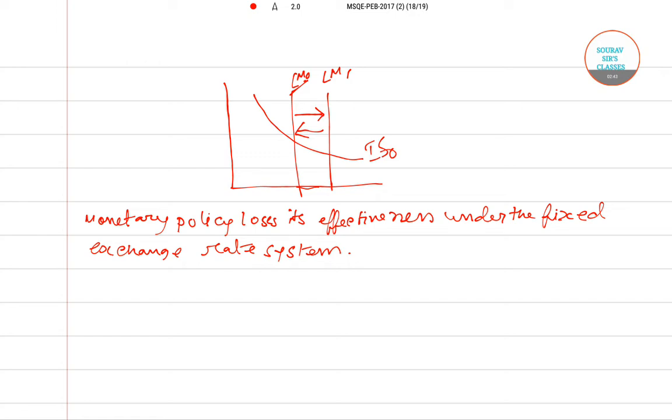So why does this take place? Suppose under the system, the central bank increases the money supply through open market sale of securities.